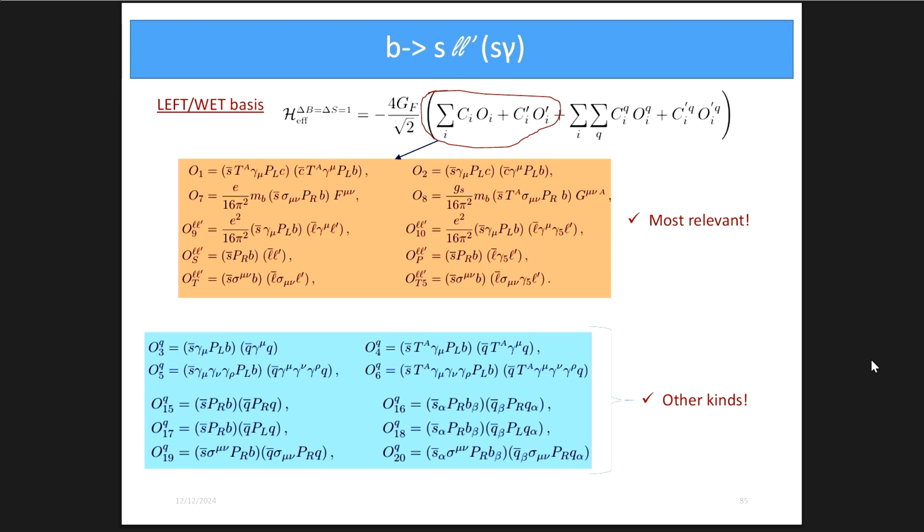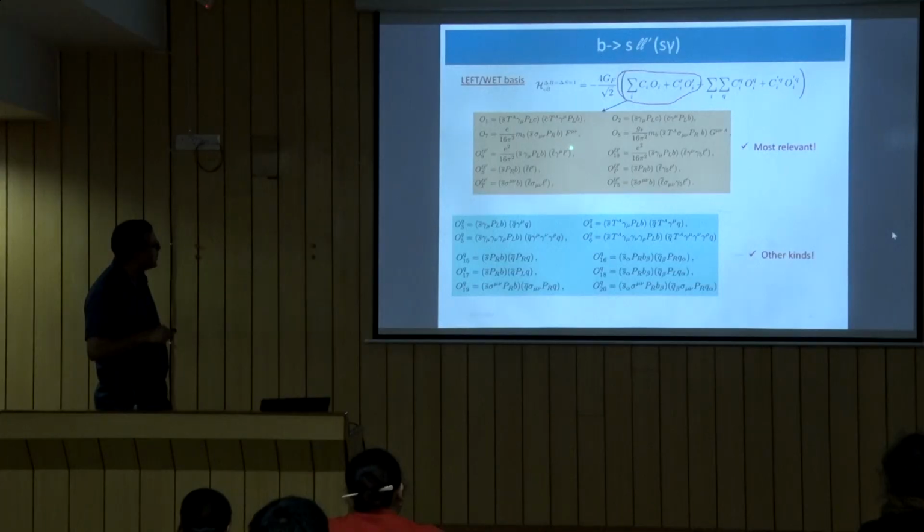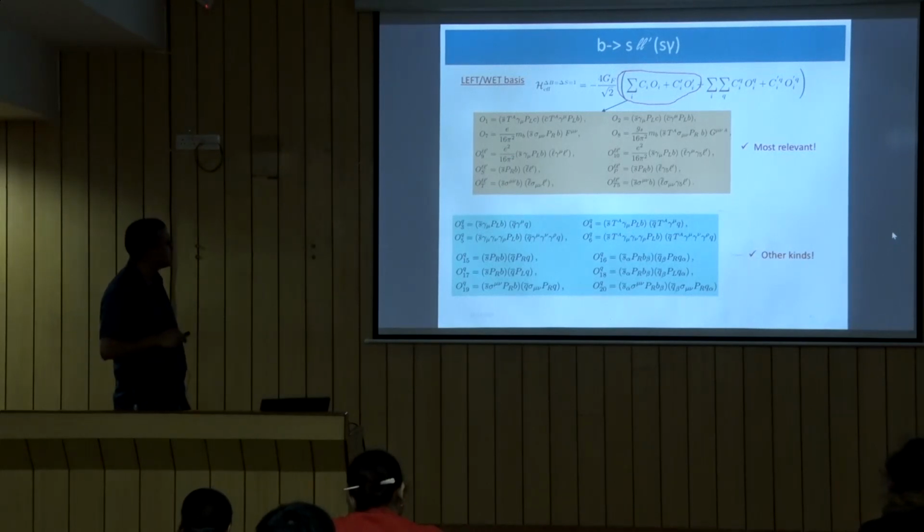Most relevant are the ones written here. In general we write O7, O8, and as you have seen in the literature probably O9, O9 prime, O10, O10 prime, and O S, O P, the scalar and the tensor operators here. The primes are basically related to the non-prime ones with P L replaced by P R. Okay. So that's how things are distinguished from one another.